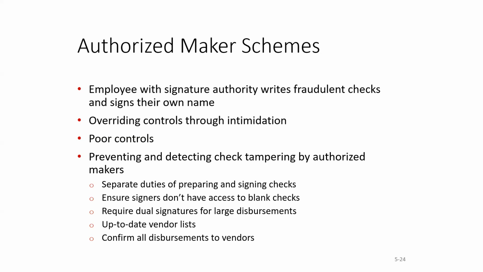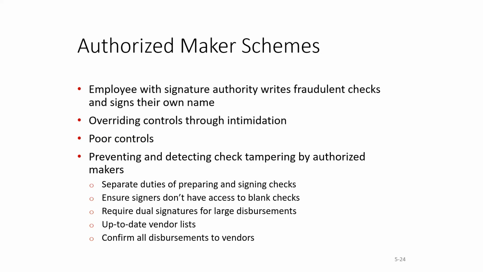So the person who's responsible for authorized maker schemes, someone who's authorized to sign checks, is usually going to have pretty high influence. Maybe they're going to be the CEO or the owner of the organization. So if they come and ask for a blank check, you're probably going to hand it over. Because they have this influence within the company, they can overcome some of our normal controls that are there to prevent fraud.